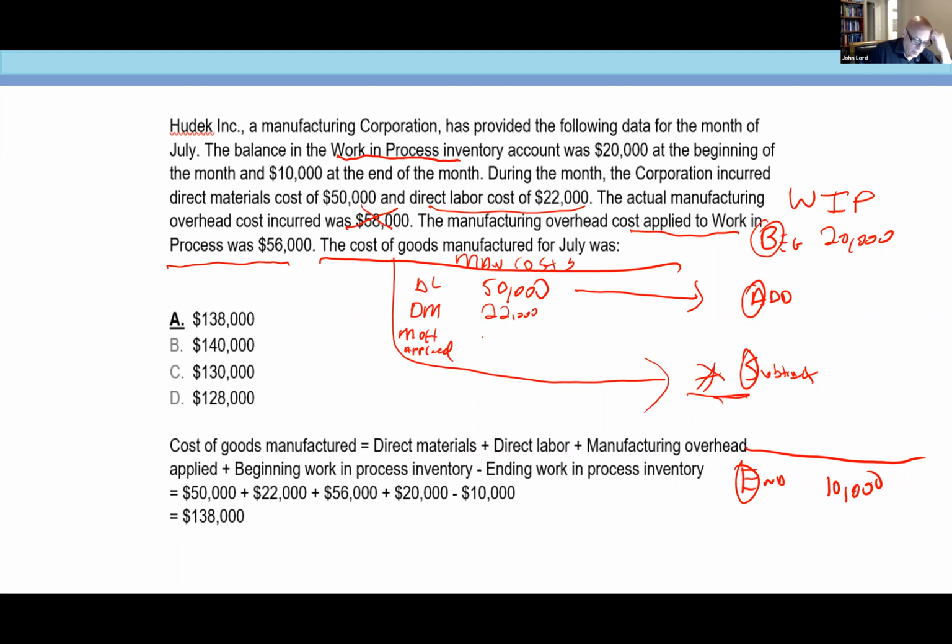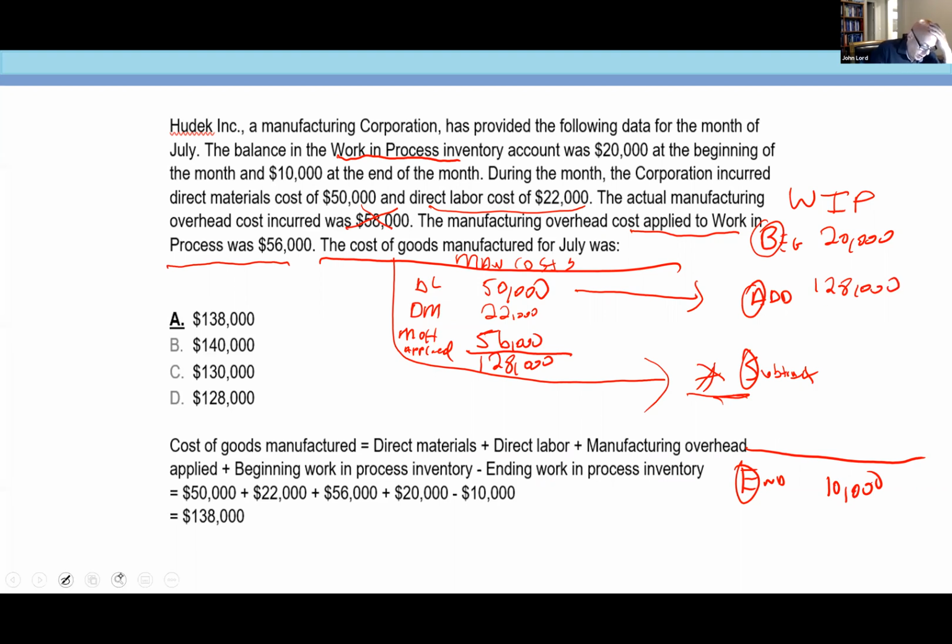They even helped me out a little bit, reminding me that the applied goes to work in process, was 56,000. So when I add these up, I get what? 50 plus 50 plus 22 plus 56 is 128,000. We got confirmation of that? Okay, so that's my manufacturing cost. That 128,000 gets added to my work in process.